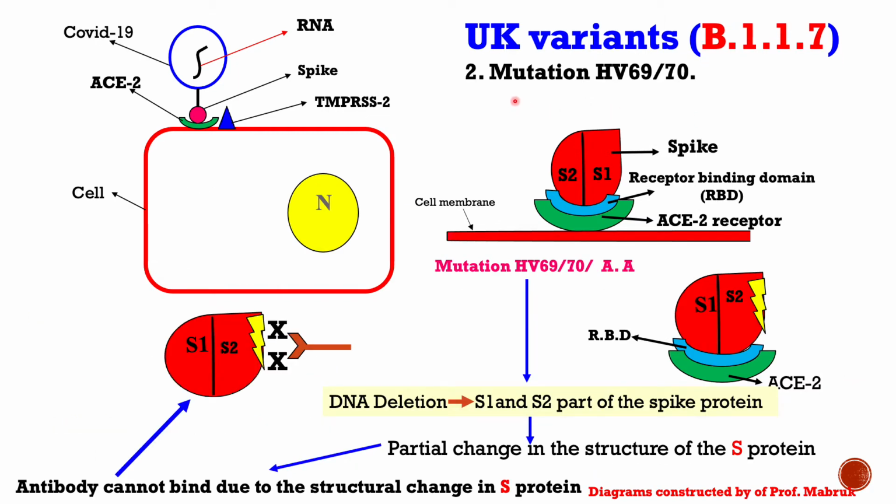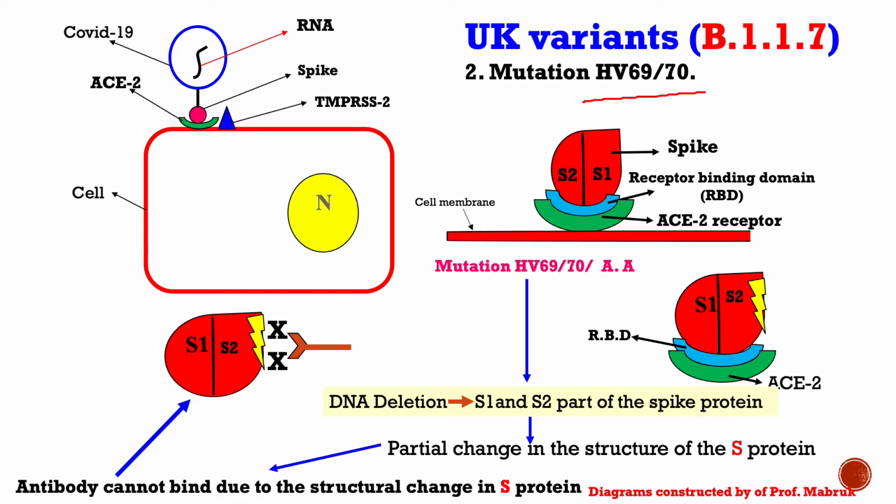The second mutation of the UK variant of coronavirus COVID-19 we call HV69/70. This mutation, as a matter of fact, was a deletion in the gene that codes for the spike protein of coronavirus COVID-19.